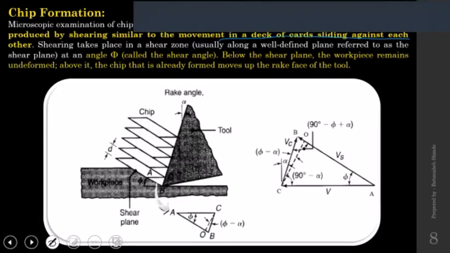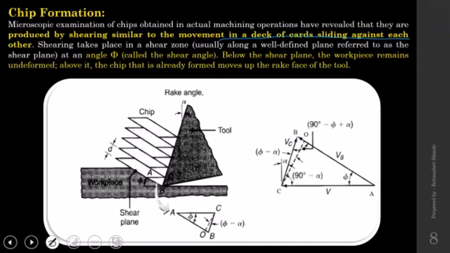The cards you might have played, if you hold the deck of cards in your hand and push it with your finger, what will happen? One card will slide over the other, right? That sliding movement of one card over the other is considered to be similar to this chip formation mechanism.